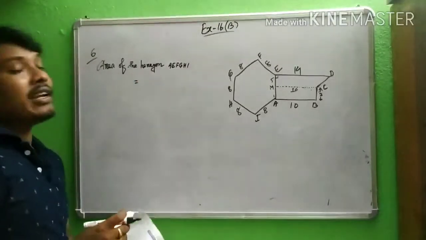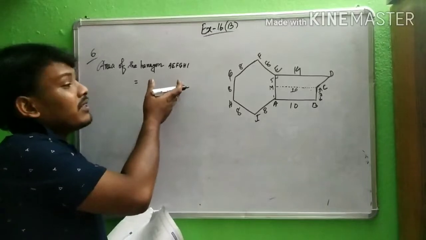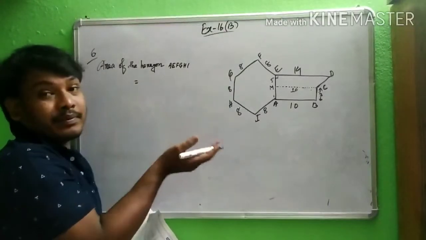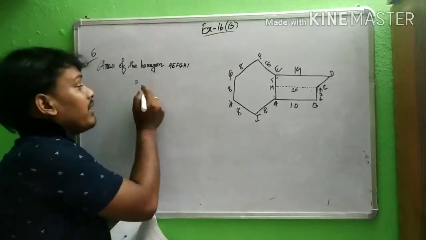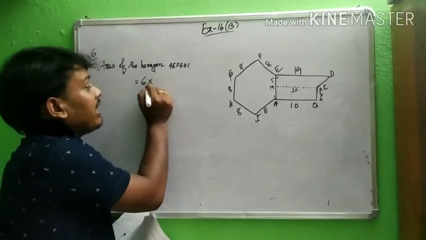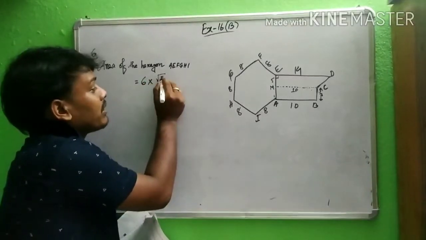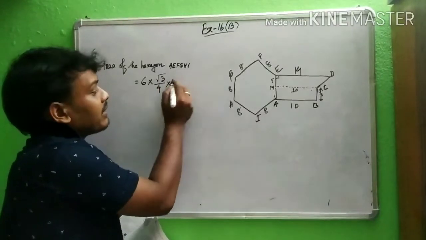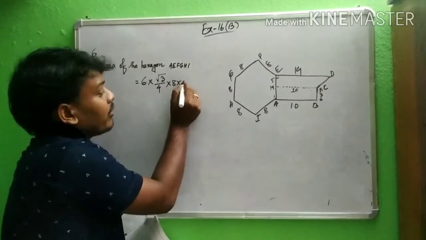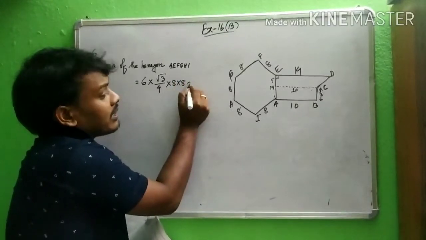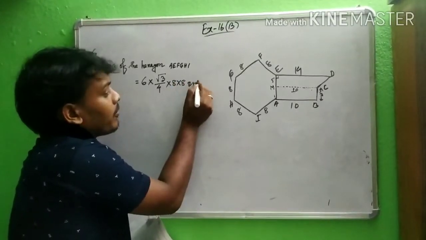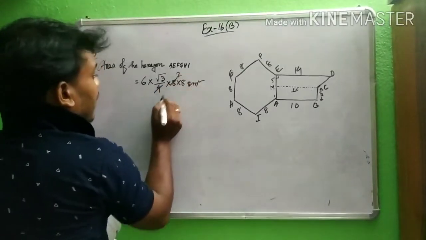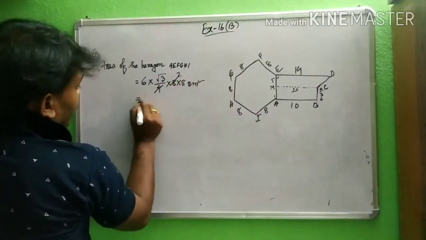So what is the area of the hexagon? In the starting of the video I already discussed it. 6 into the area of one triangle, root 3 by 4 into side square. Side, that means 8 square, 8 into 8 centimeter square. Okay.